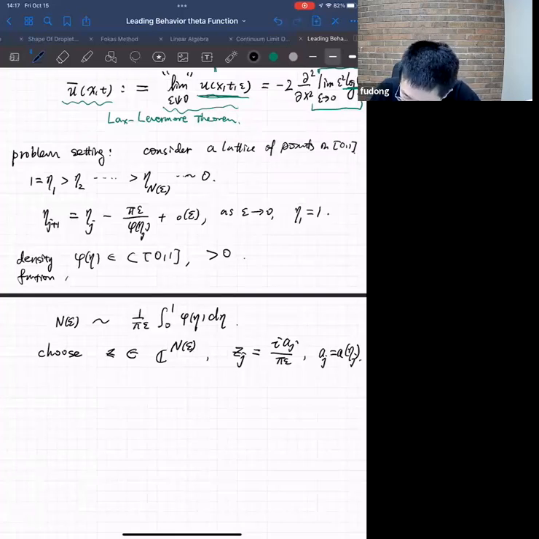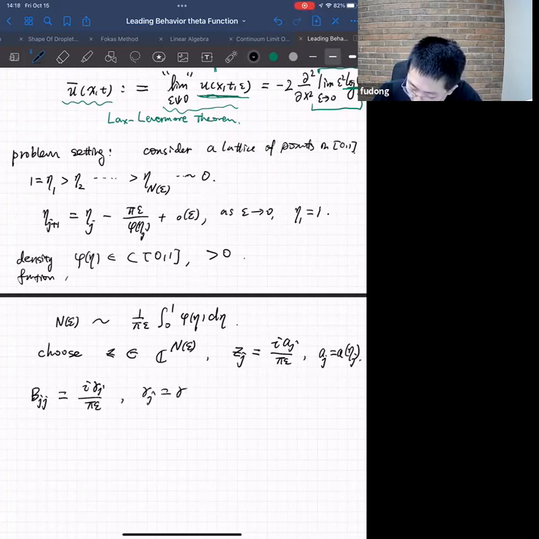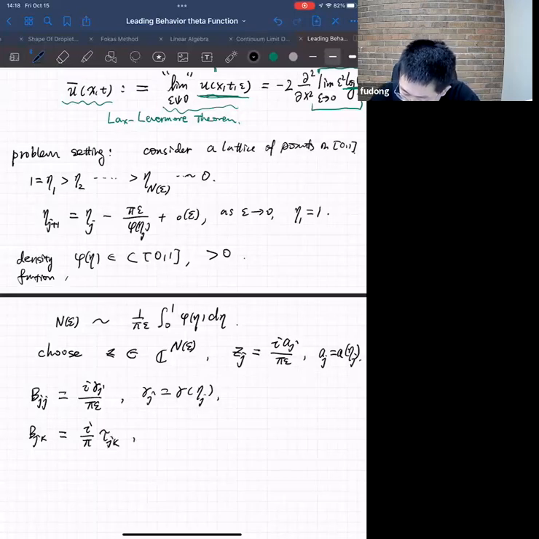Now the B matrix: the diagonal of the B matrix is i gamma j over pi epsilon, and gamma j is also gamma taking value at eta j. So this is the diagonal, and off the diagonal we have Bjk equal to i over pi tau jk, where tau is another function of two variables.